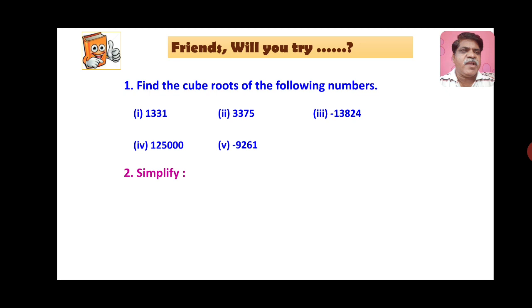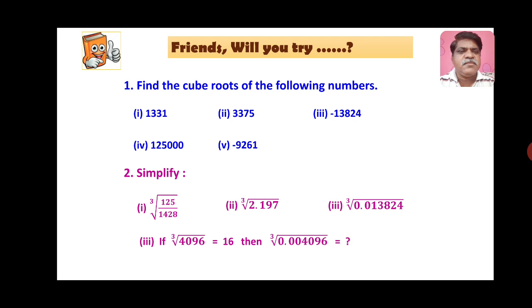Second, simplify. First is the cube root of 125 upon 1728. Second is the cube root of 2.197, and third is the cube root of 0.013824, and the fourth one is: if the cube root of 4096 is 16, then find the cube root of 0.004096. Friends, these are easy problems.